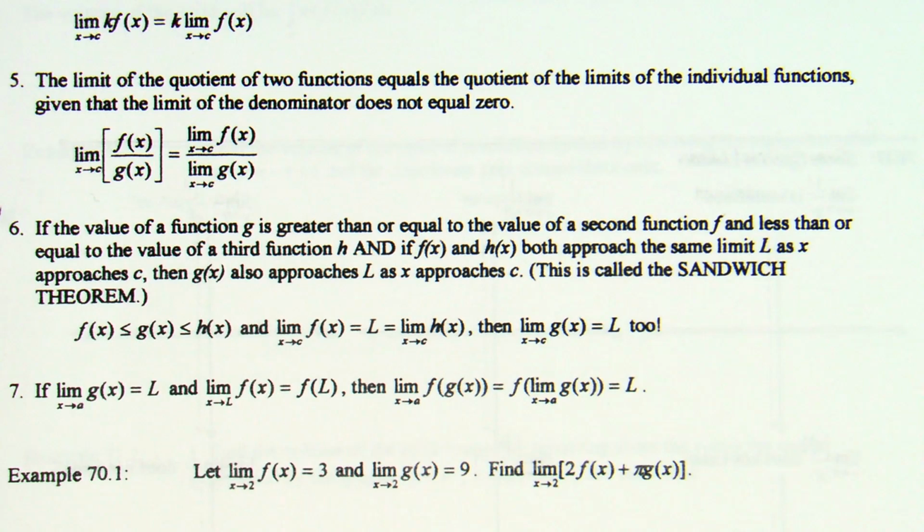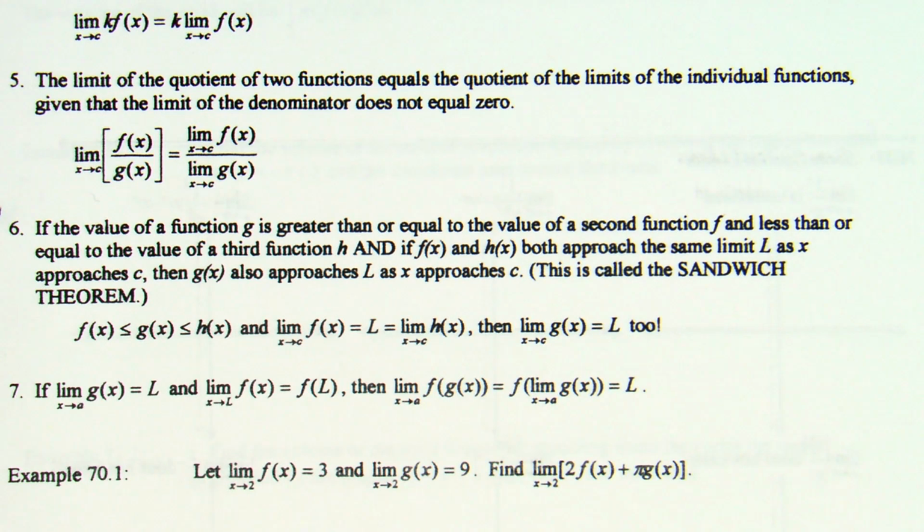If this is h of x, this point right here is c, and this point over here is L. The idea is, as x approaches c on the f function, what y value is it approaching? L.